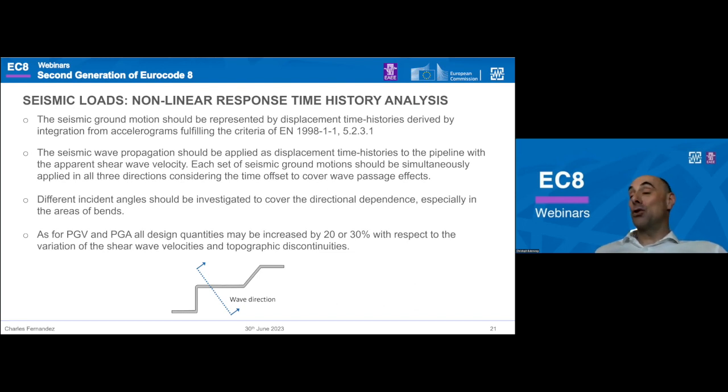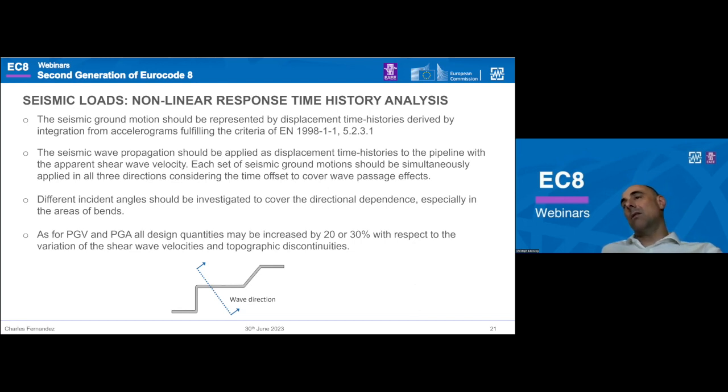However, we can also carry out, and I'm showing here one situation with two 90-degree bends and a 45-degree bend. And here it is probably a bit more difficult. So here we can apply nonlinear response time history. How can we do it?